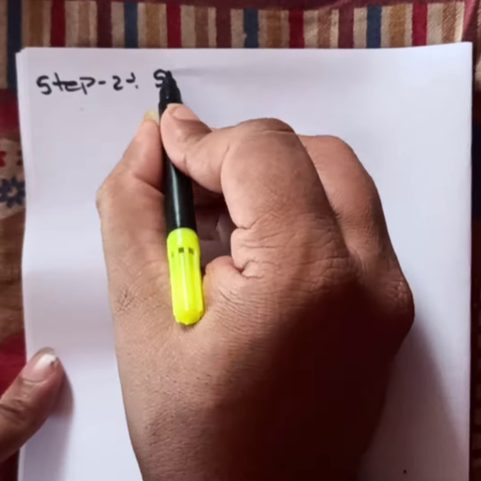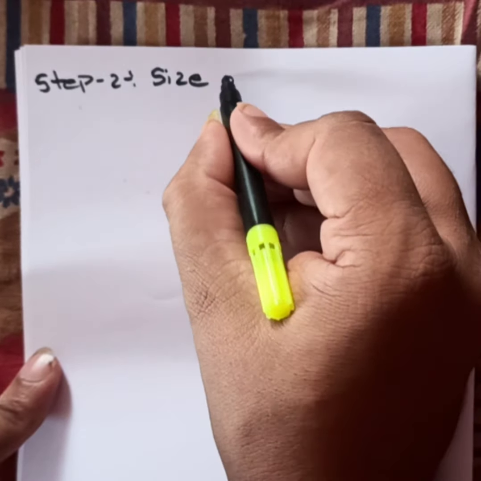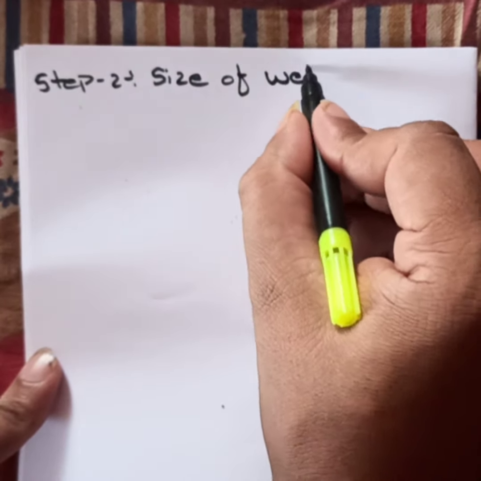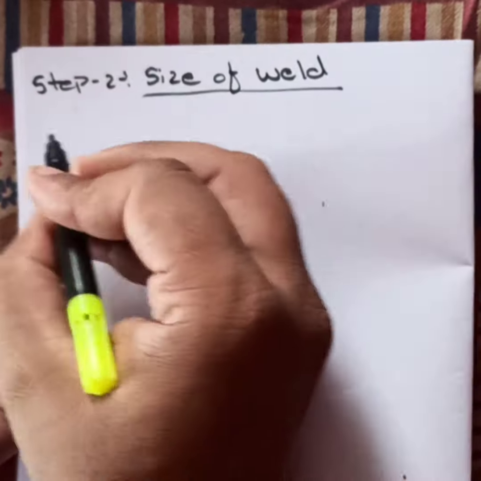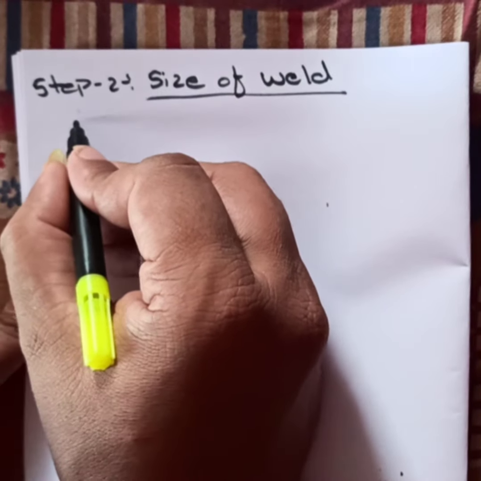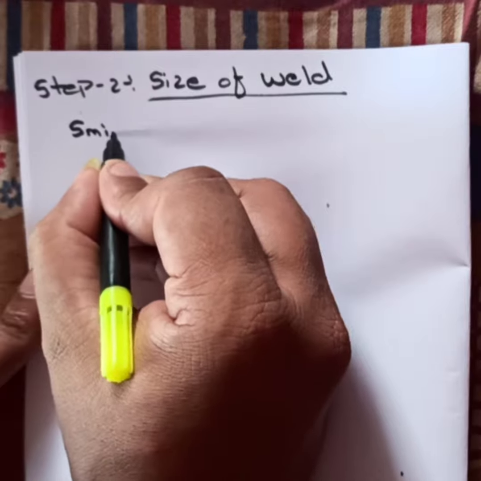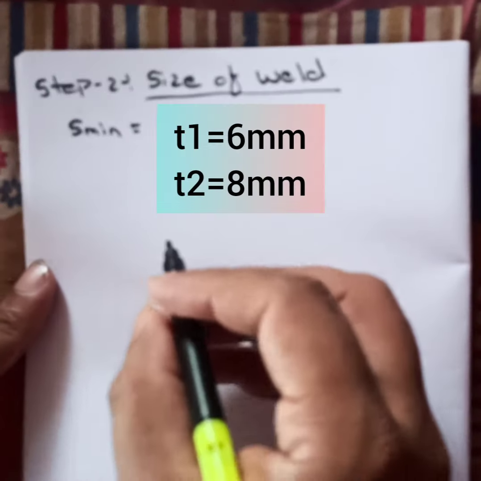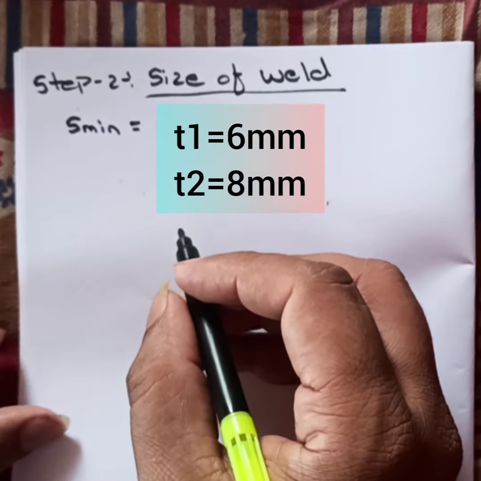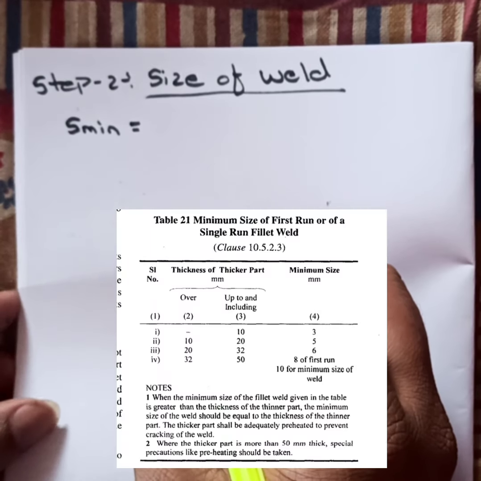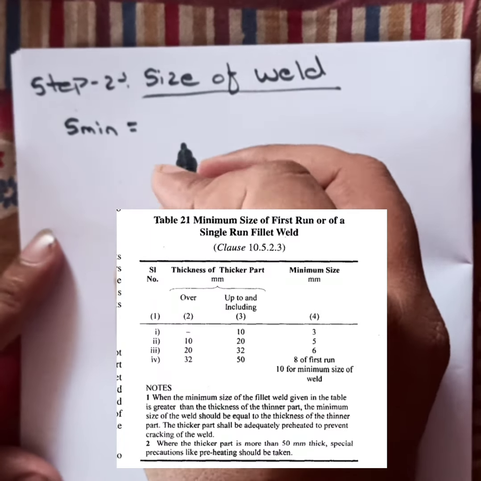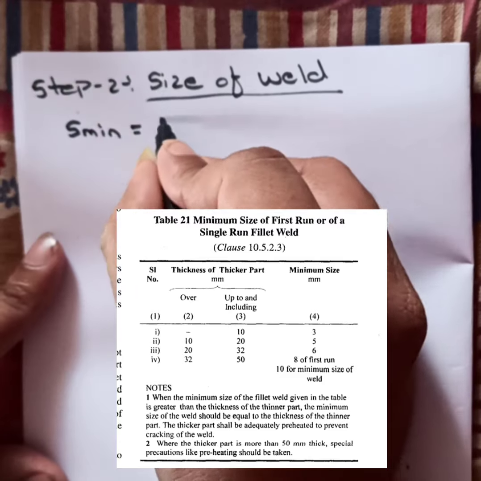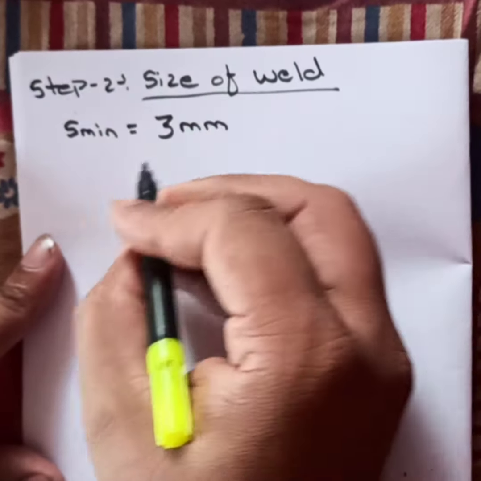So the next step, that is step 2, size of the weld. Let us finalize the size of the weld to be used. As per IS 800, the angle thickness is 6 mm and the gusset plate thickness is 8 mm. Both are less than 10 mm. So from Table 21, the minimum size of the weld is 3 mm.